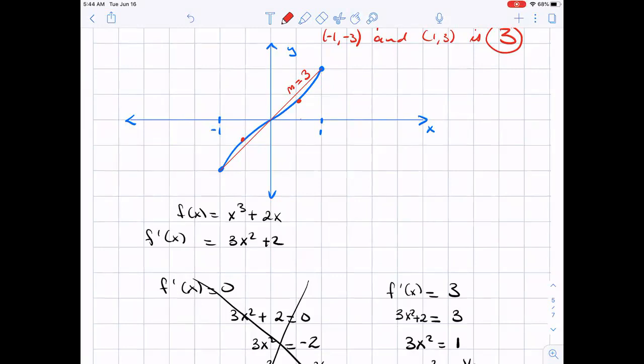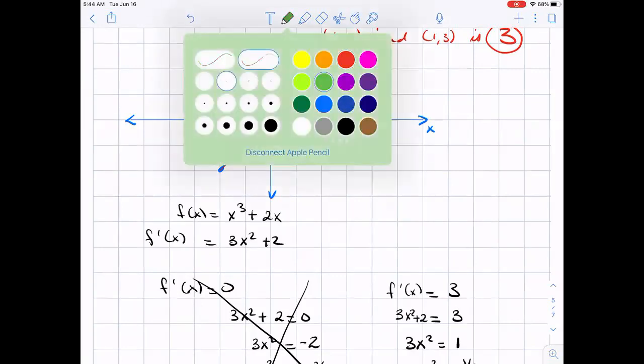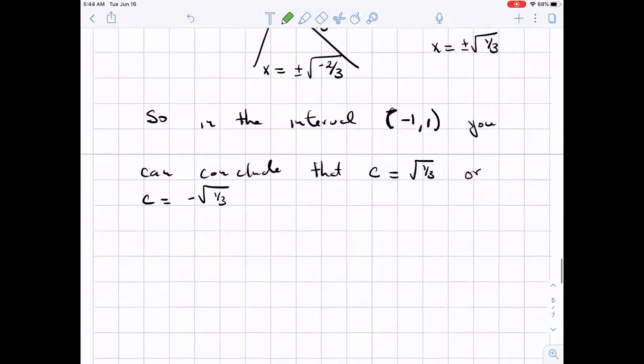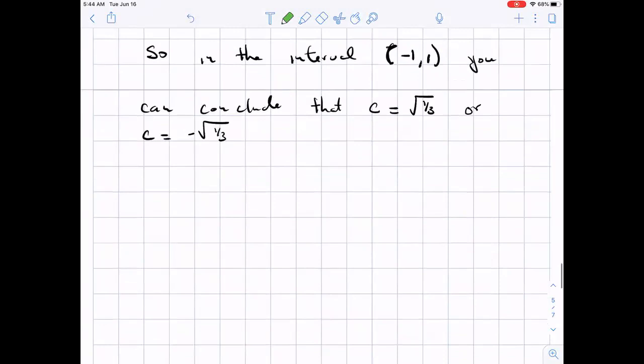At those two points, if you look at this green line and this green line here, clearly you can see that those are tangent lines. So in the open interval, you can conclude that c equals the square root of 1/3 or c equals minus the square root of 1/3.